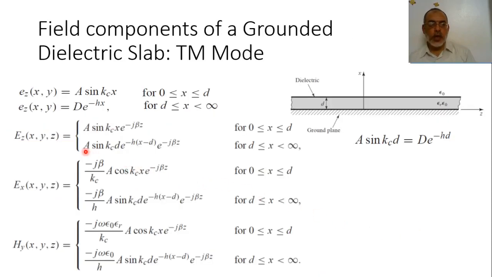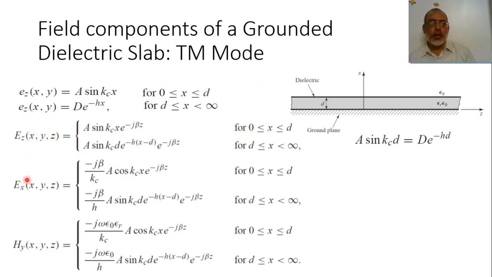So A sine kcd e to the power plus hd, this is D. Okay, this is Ez in the region inside the slab and outside the slab.